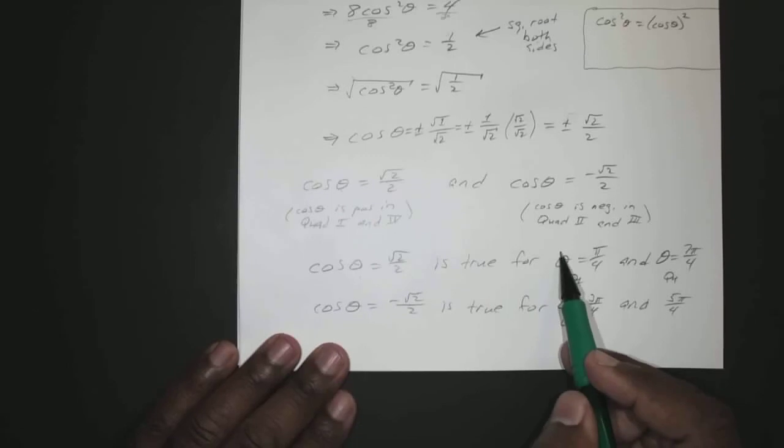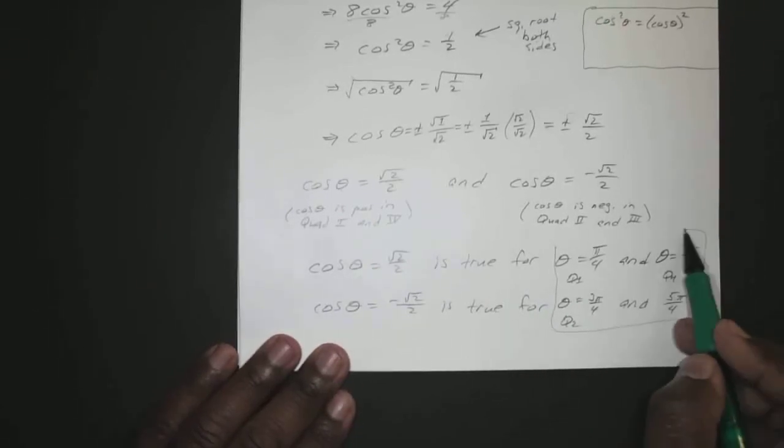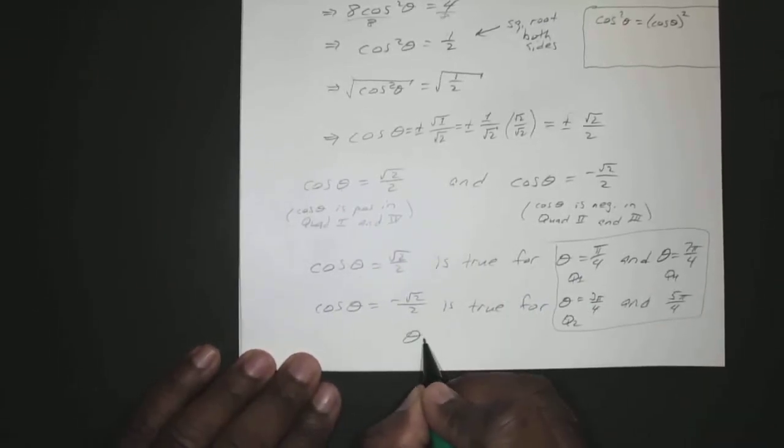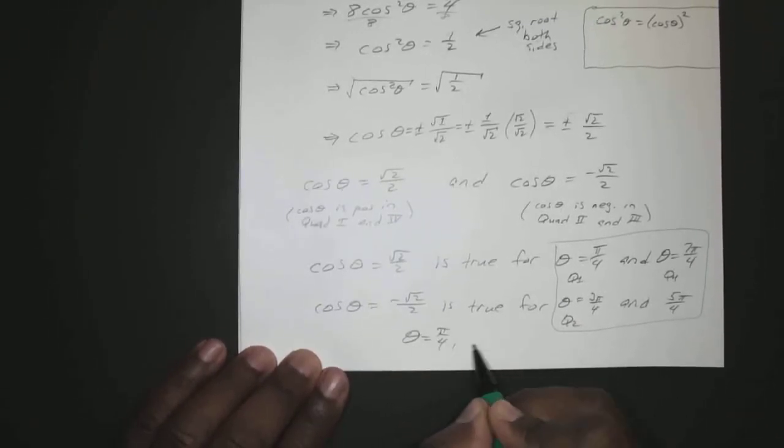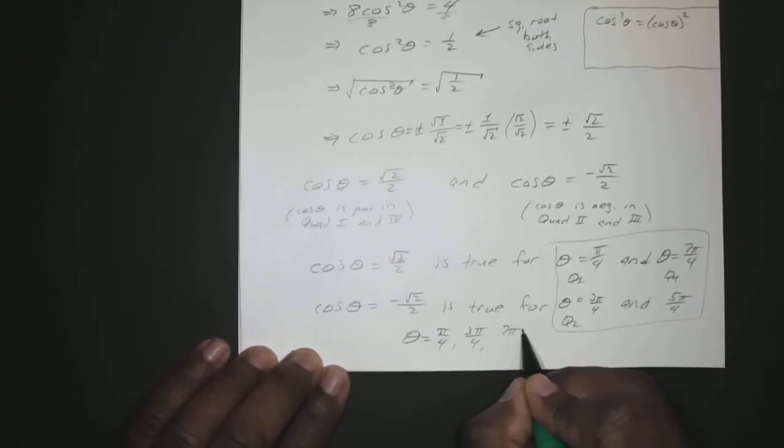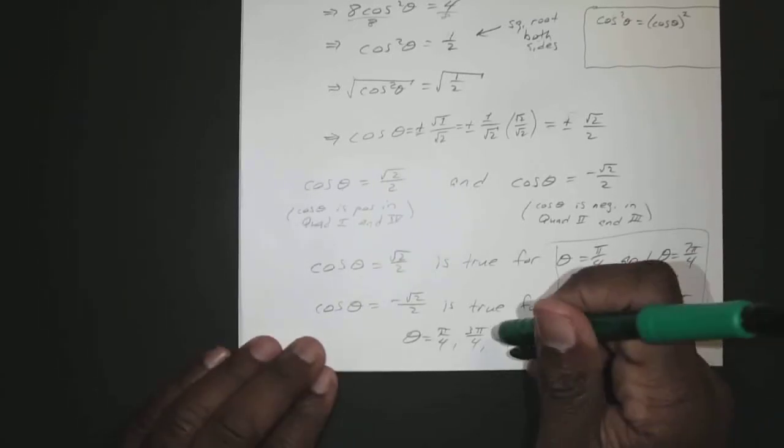So really, all 4 of these will be your answer. So theta equals pi over 4, 3 pi over 4, 5 pi over 4 and 7 pi over 4, if you want to put them in order.